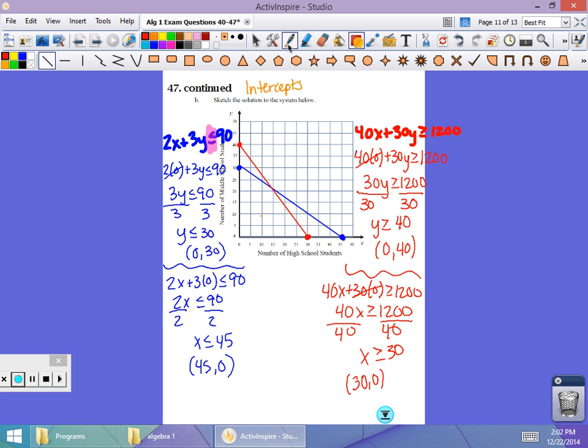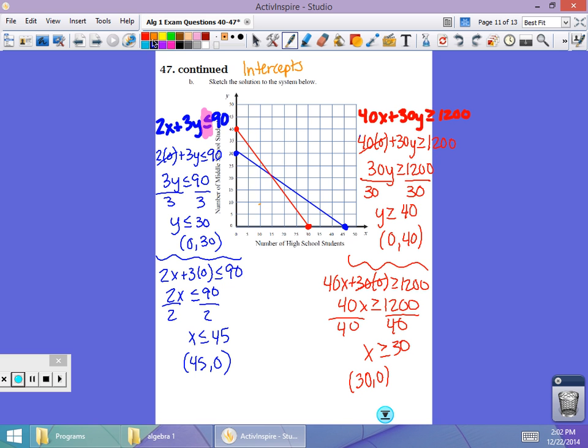Okay. Shading, the blue line. You can pick points, but if you think back to the classwork, if ax plus by is less than or equal to 90, you are going to shade below the line. That was from classwork 11.